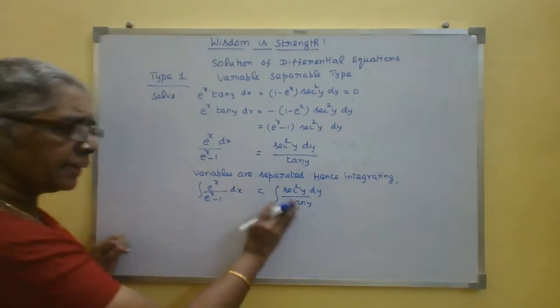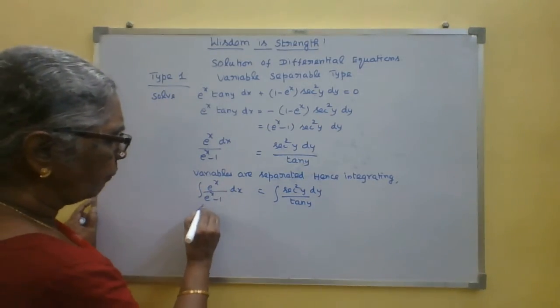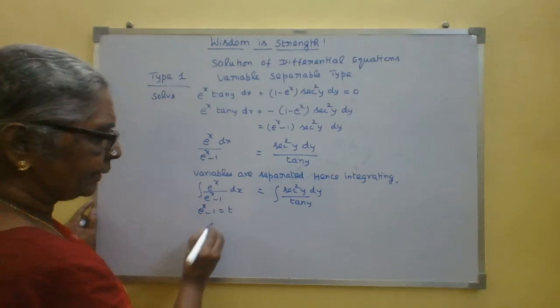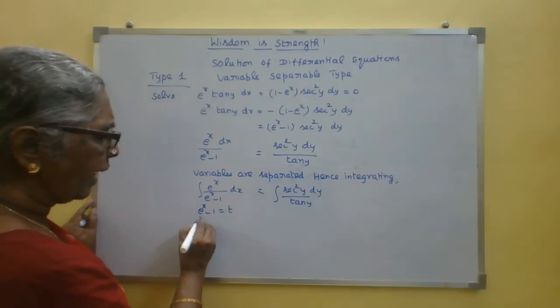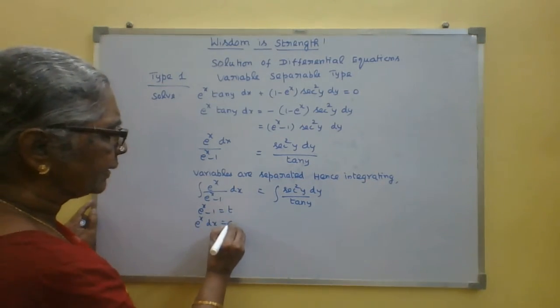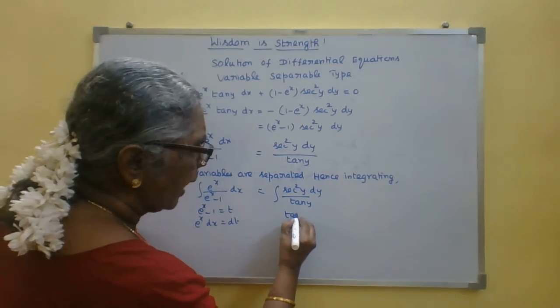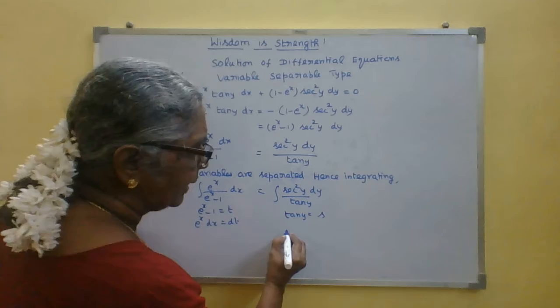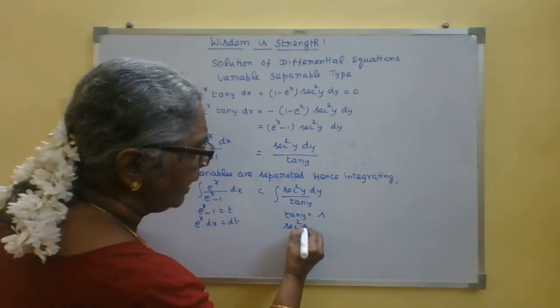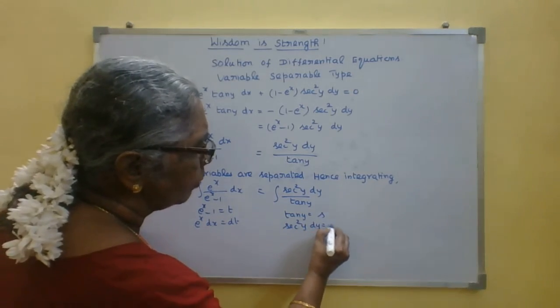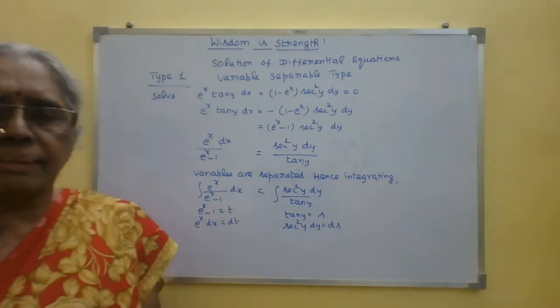So here, this is a simple one. I can write e power x minus 1 as t. So when I differentiate, I will get e power x dx is equal to dt. This side, I can put tan y is equal to some variable s. So when I differentiate, secant squared y dy will be equal to ds.